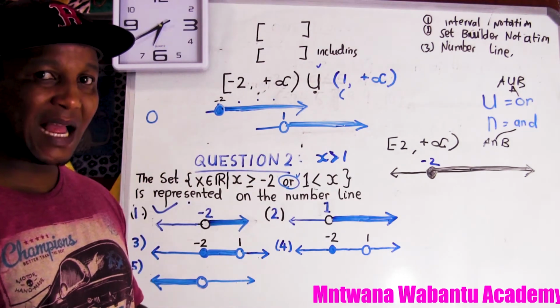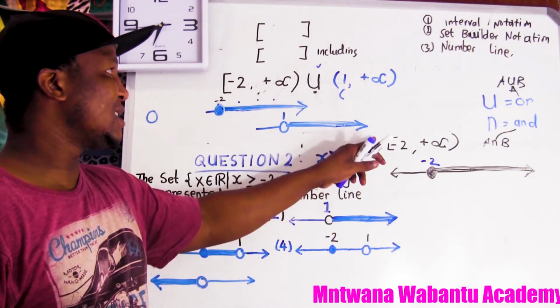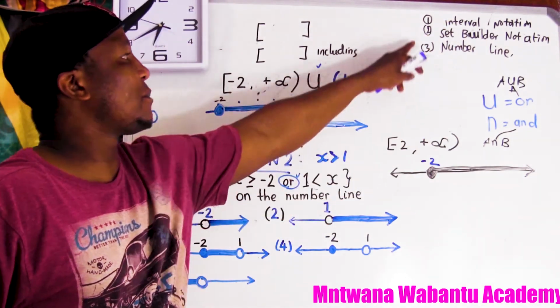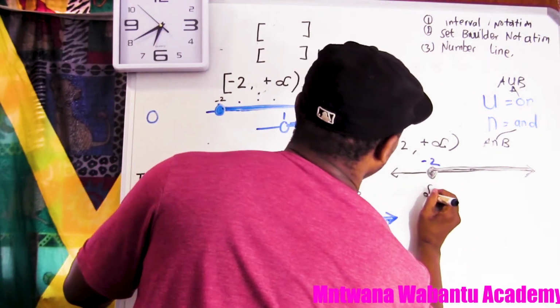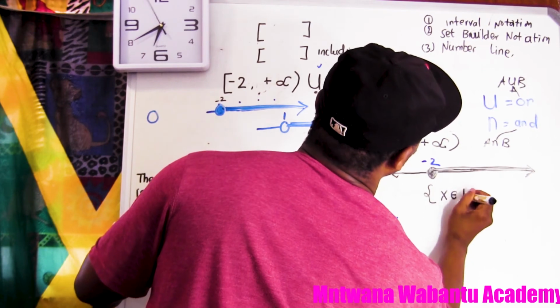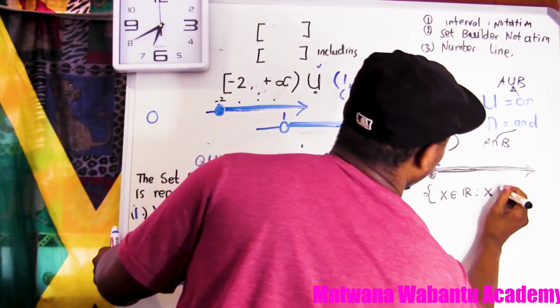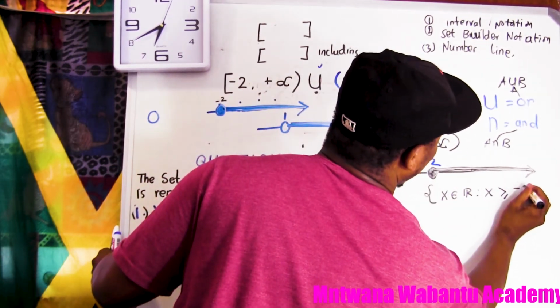Sometimes they may ask you, okay, can you represent the same thing? This is interval notation. This is a number line. But they can say, okay, what about set builder notation of our final answer? Set builder notation, I can say simply like this. X is an element of the real numbers, whereby this X starts from -2, but is including, you can say x is greater than or equal to -2.